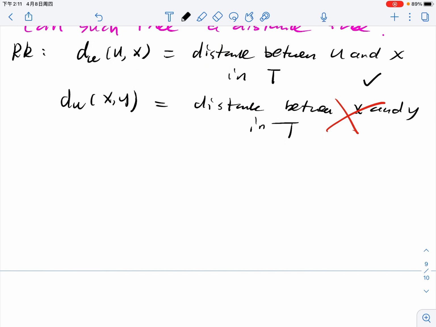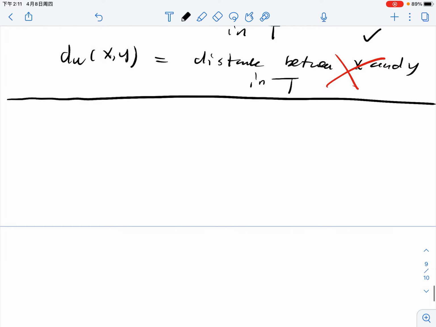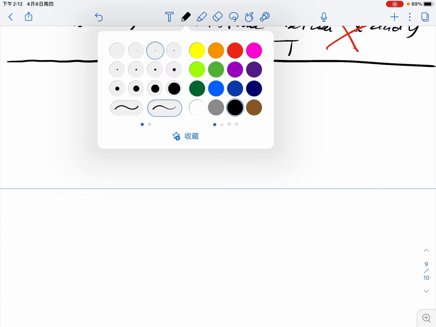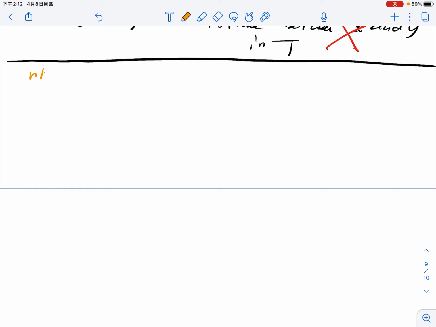So, when omega is constantly 1, BFS gives a solution.